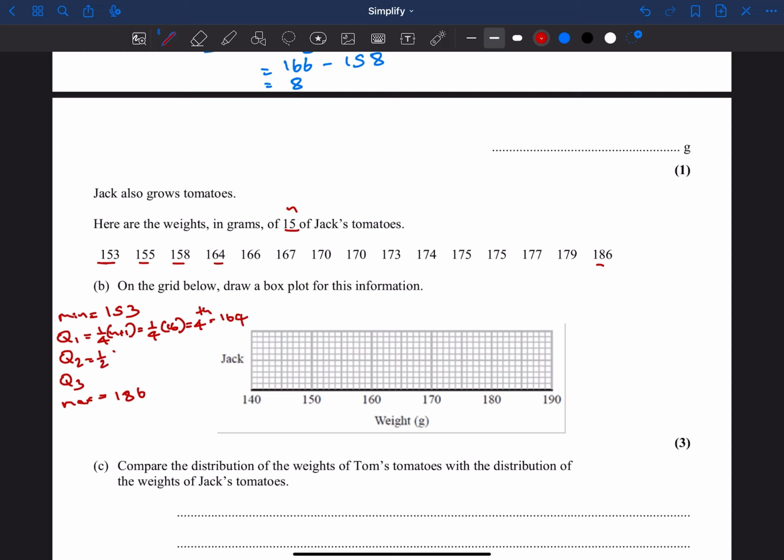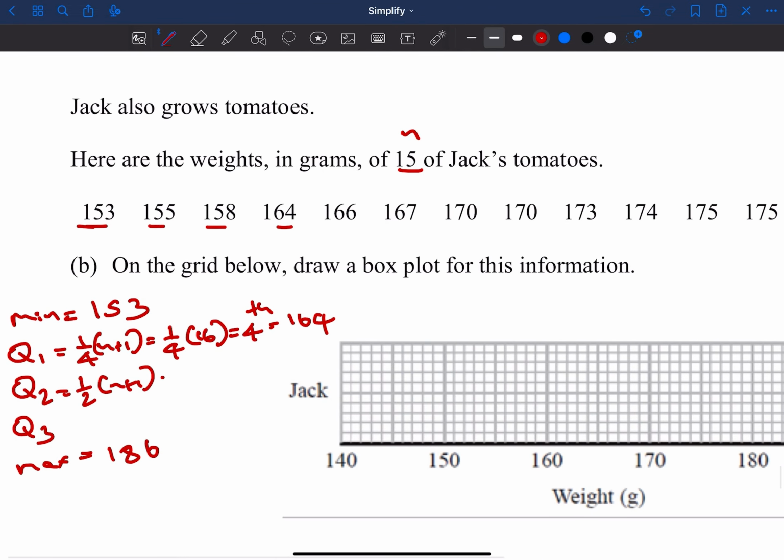Q2, a half of n plus 1. Half of 16 is the 8th value. 1, 2, 3, 4, 5, 6, 7, 8, 170. And Q3 is 3/4 of n plus 1.